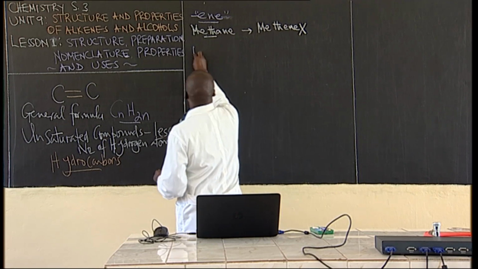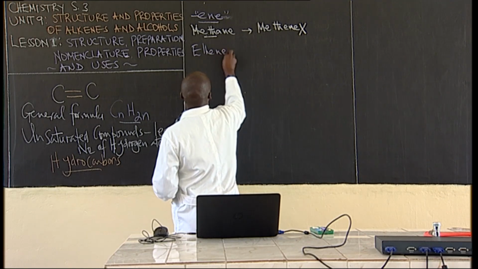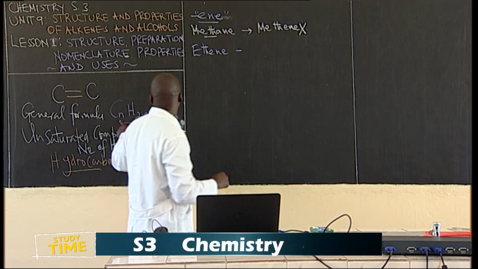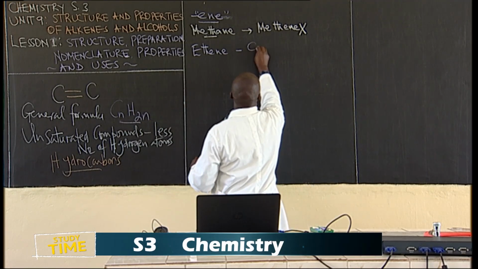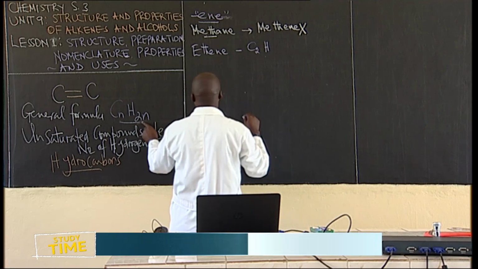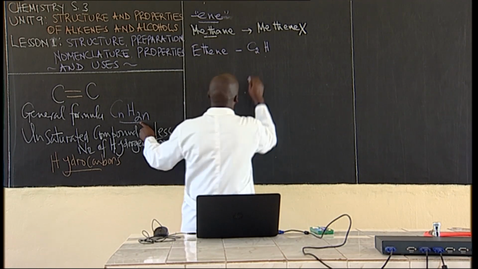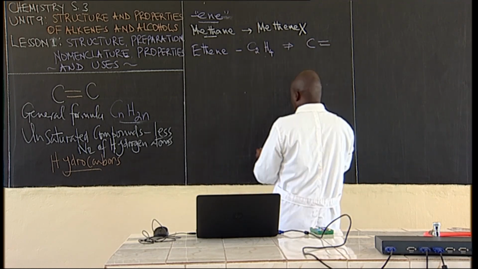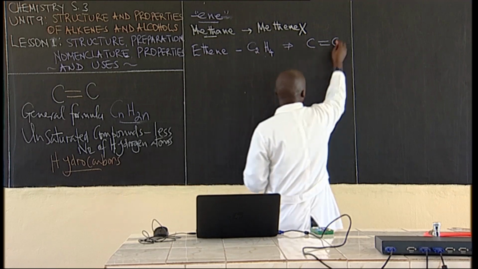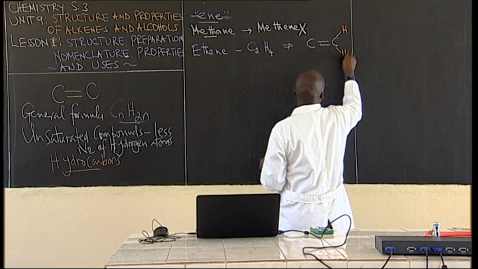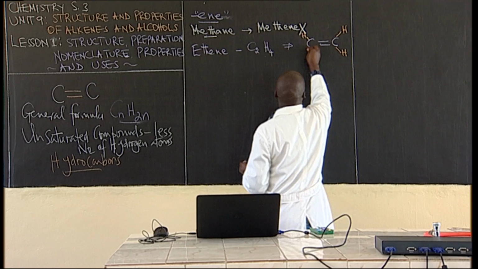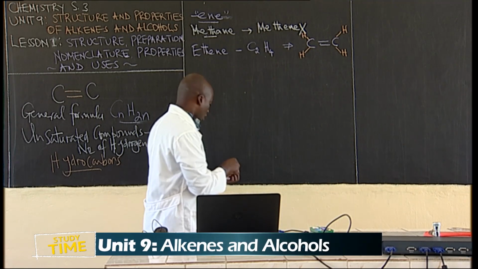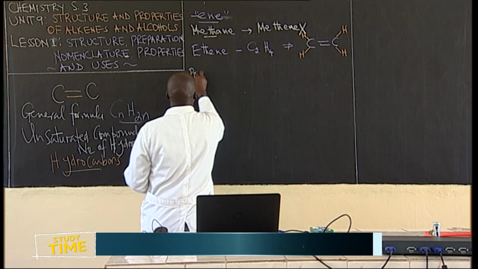Ethene means the number of carbons is 2, so we have C2H4. And the structure would be written in this form with the hydrogen atoms. This is a hydrogen atom, this is another hydrogen atom, and this is another hydrogen atom. So that is the first member. You may have the second member as propene.